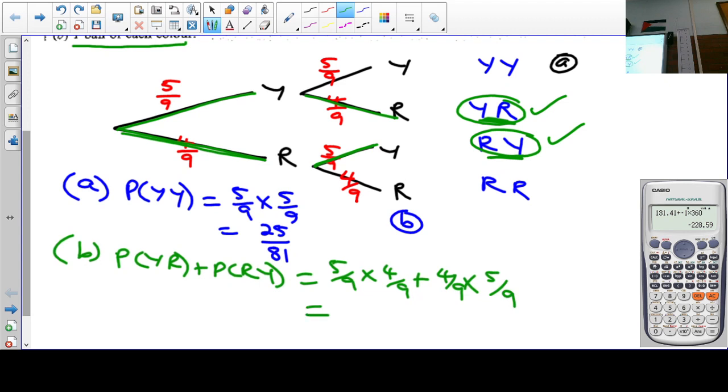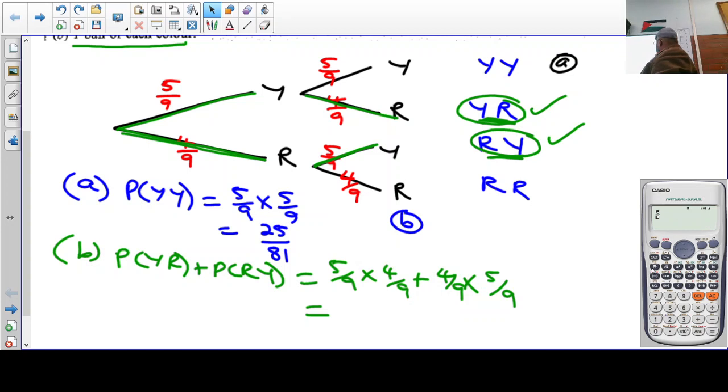Okay, so work that out on a calculator: 5 over 9 times 4 over 9 plus 4 over 9 times 5 over 9. That is the same as 4 over 9 times 5 over 9 times 2. It gives you 40 over 81. Okay.